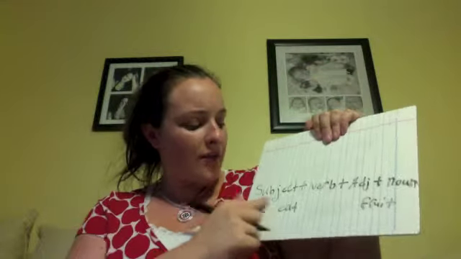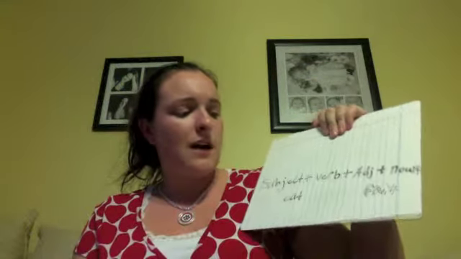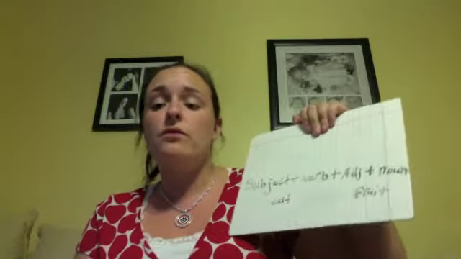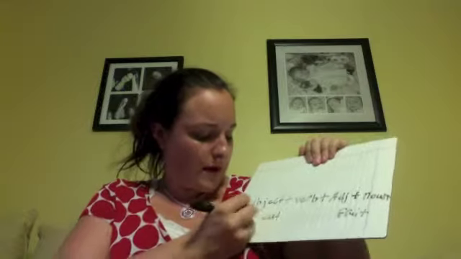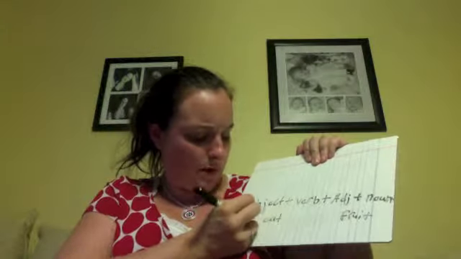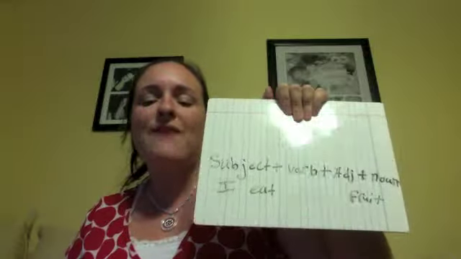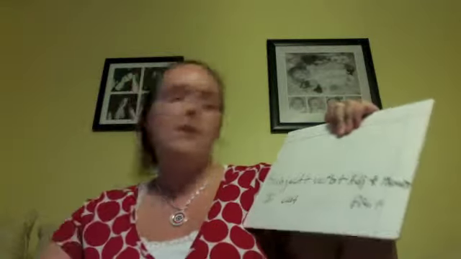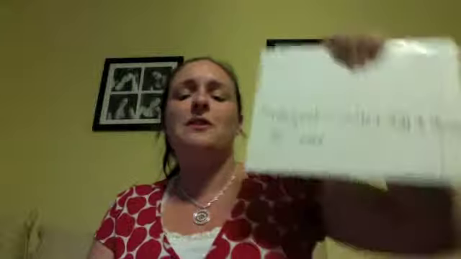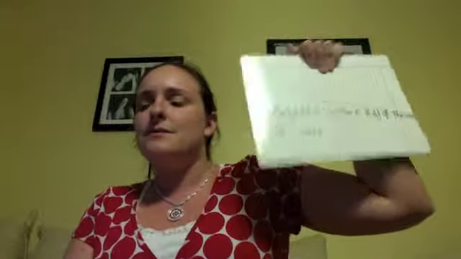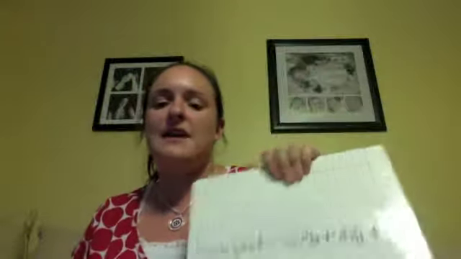But if I were to take out the I, it just says eat fruit. That just sounds like I'm yelling at you and telling you to eat fruit. It doesn't tell you that I am the one who eats the fruit. So we need to have that I in there. And if you want extra proof that a sentence is a sentence with just a subject and a verb, I eat. It's a complete thought. I eat. It's a true story.